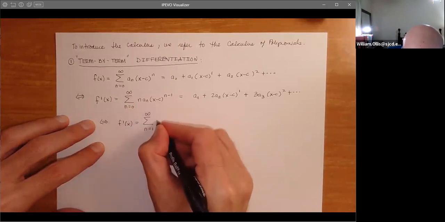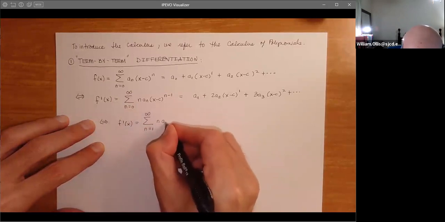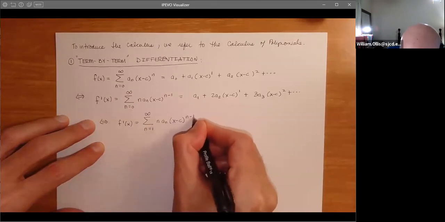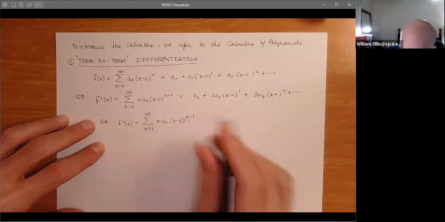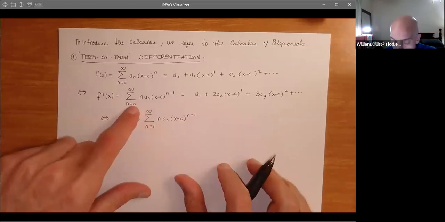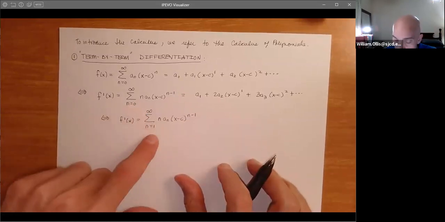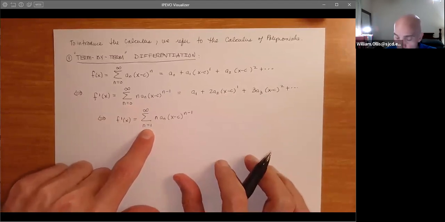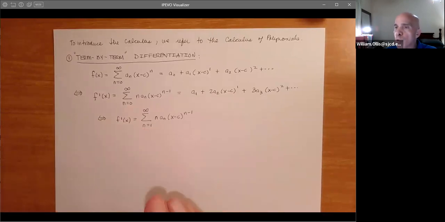So we'll say the sum of n a sub n x minus c to the n minus 1. Notice the 0 term just gives us 0, so we can just start our series at 1. This tends to be a typical way to write it, but you are free to start wherever and re-index. You are completely flexible in that area.